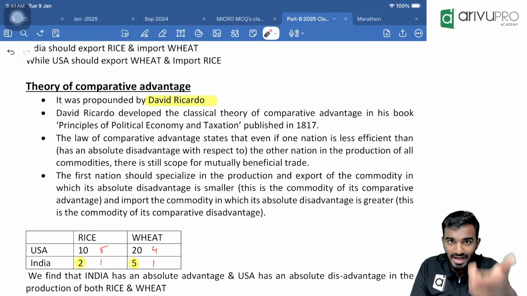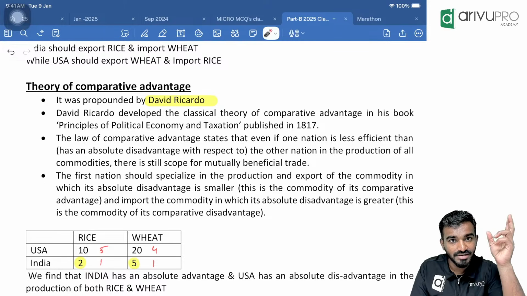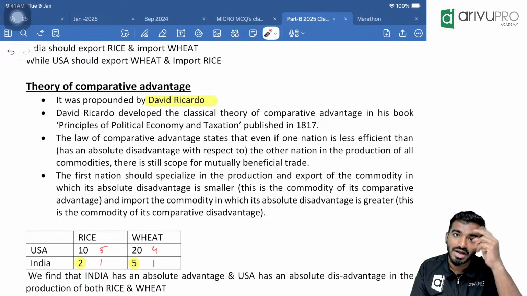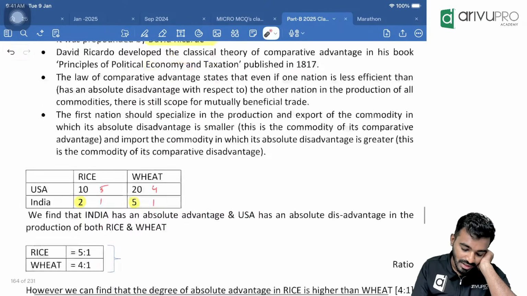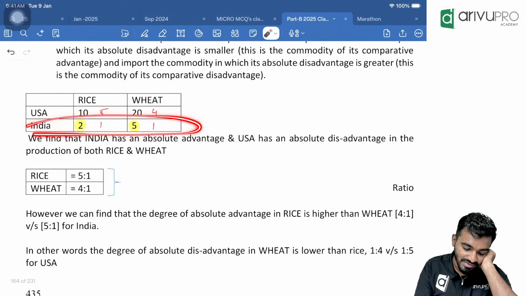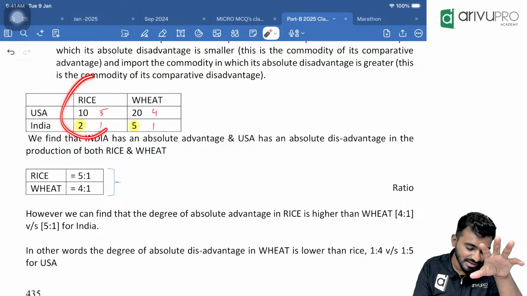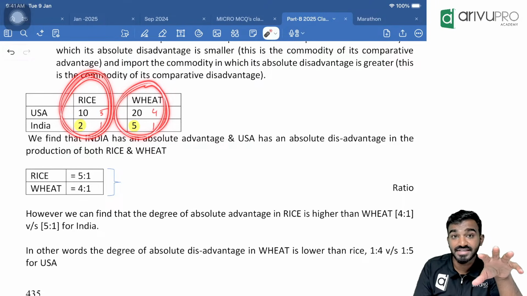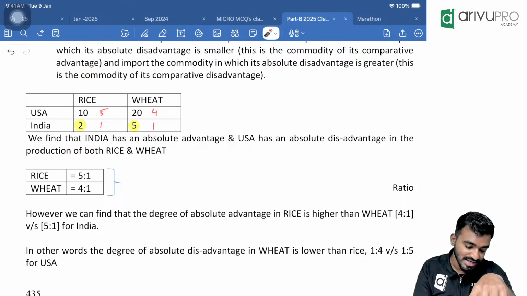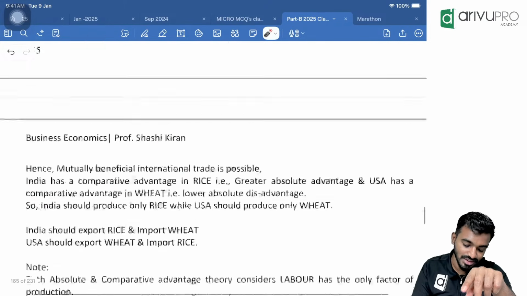That means, in terms of the absolute advantage of Adam Smith, greater advantage, lesser advantage, or greater disadvantage, lesser disadvantage, that is explained by David Ricardo. In the given case, India has an advantage in both, but greater advantage with rice, lesser advantage with wheat. But USA has a disadvantage in both, lesser disadvantage in wheat, greater disadvantage in rice.